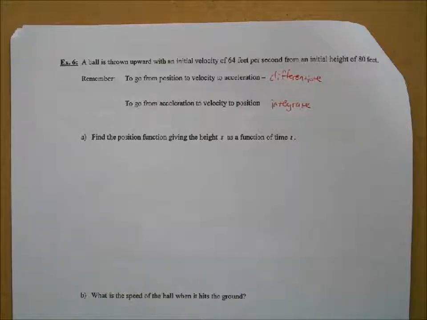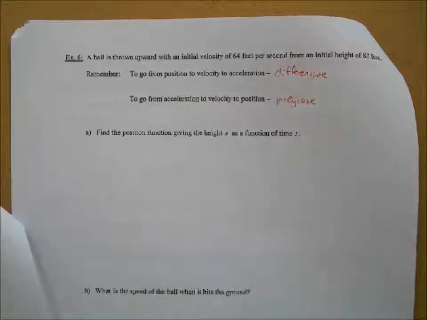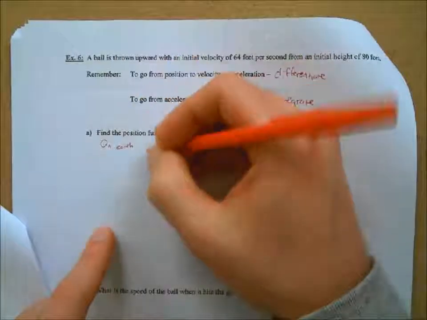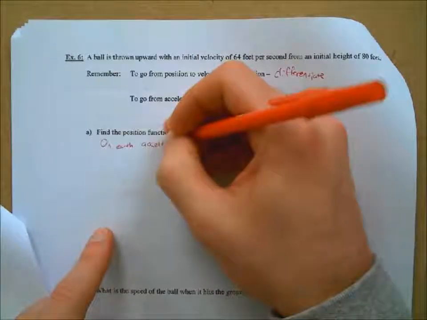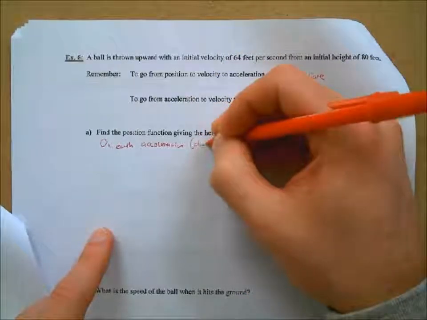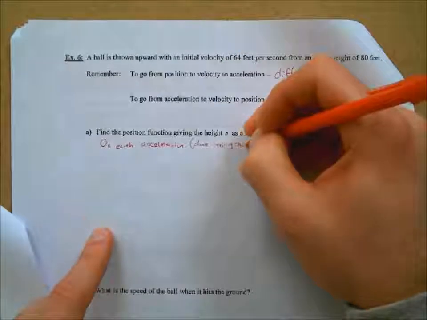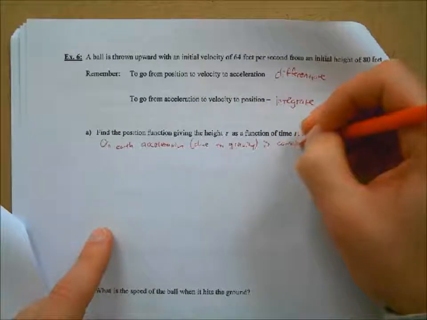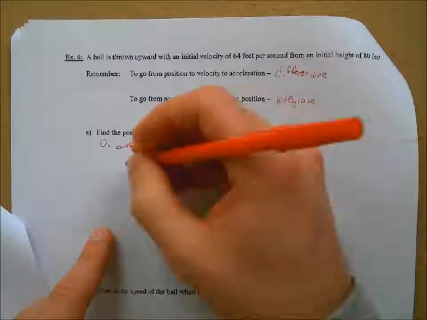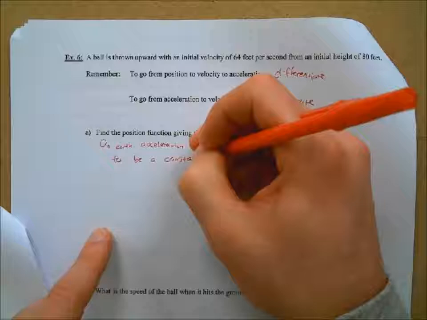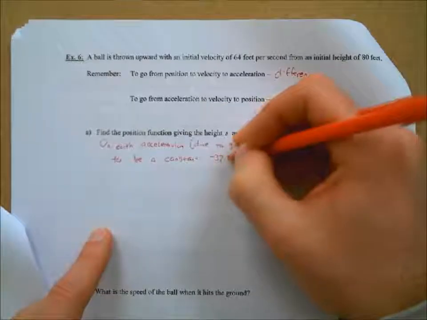All right, and we're going to start by using the typical assumption here that on Earth, acceleration due to gravity is considered to be a constant negative 32 feet per second squared.